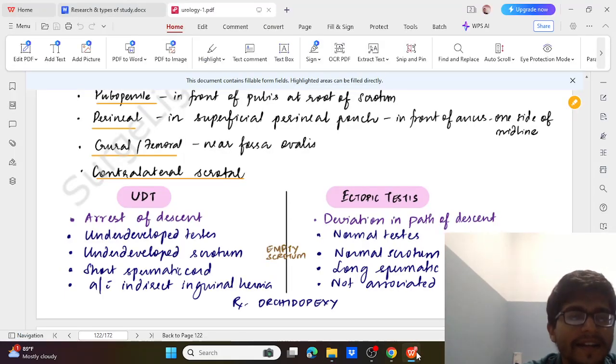In undescended testes, there will be a short spermatic cord and it will be associated with indirect inguinal hernia, whereas in ectopic testes, there will be a long spermatic cord and no associated hernia. Treatment will be the same in both cases, that is orchidopexy.